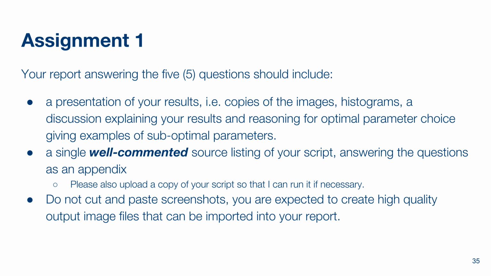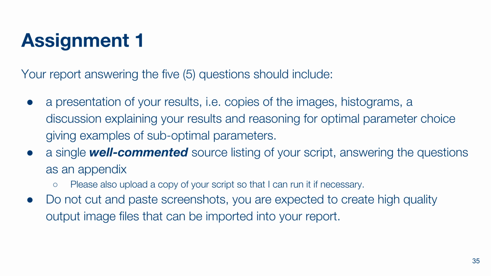Okay, so your report should answer the 5 questions. You want presentation of the results in a short document that has images, histograms, and a little discussion explaining your results and reasoning for optimal parameter choice. Give some examples of suboptimal parameters. So when I put these parameters into this transformation, this is a result I get.